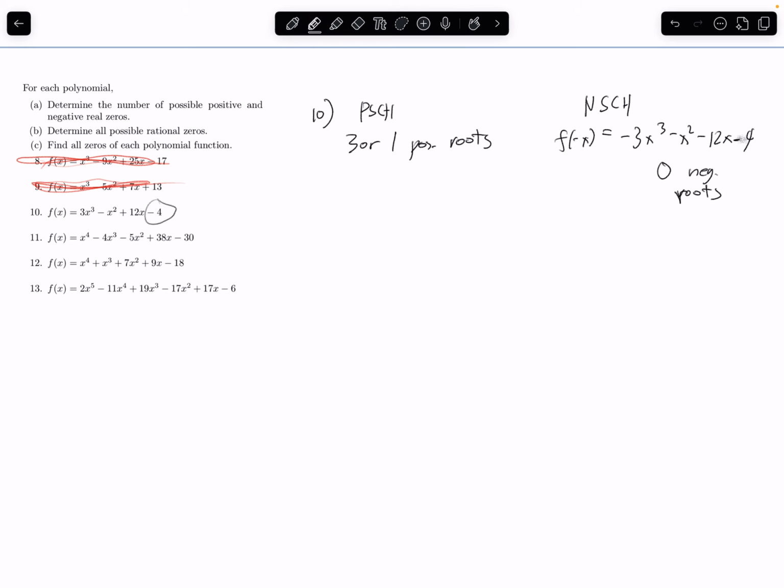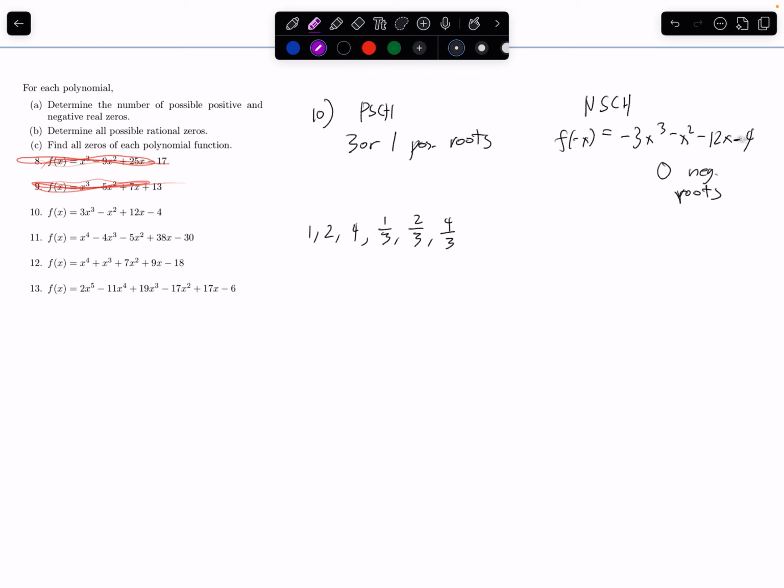Well, p should divide 4, q should divide 3. So I've got 1, 2, or 4 as possible roots, and I know they're not negative, so only the positives. Also 1/3, 2/3, and 4/3. But I hope that it's going to be the whole numbers, so let's check the whole numbers first.